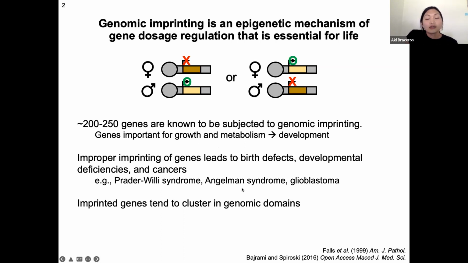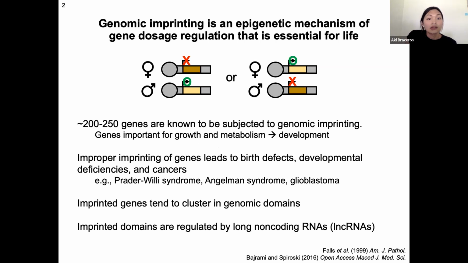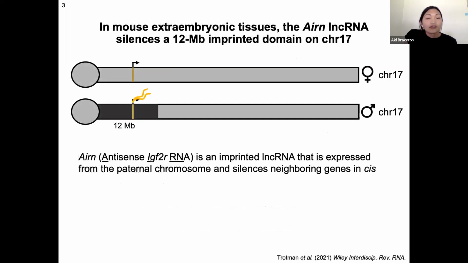One thing to note about imprinted genes is that they tend to cluster in genomic domains called imprinted domains. Imprinted domains allow for a coordinated regulation of these genes by key regulators, one of those key regulators being long non-coding RNAs, or lncRNAs for short. One example, which is the main focus of my talk and thesis work, is the imprinted domain regulated by the lncRNA called Airn.